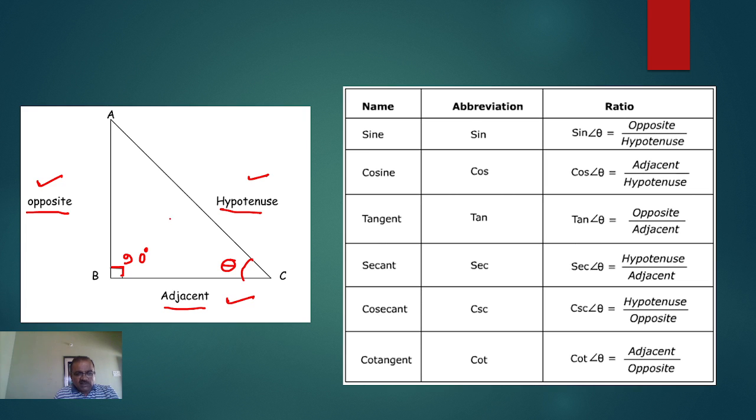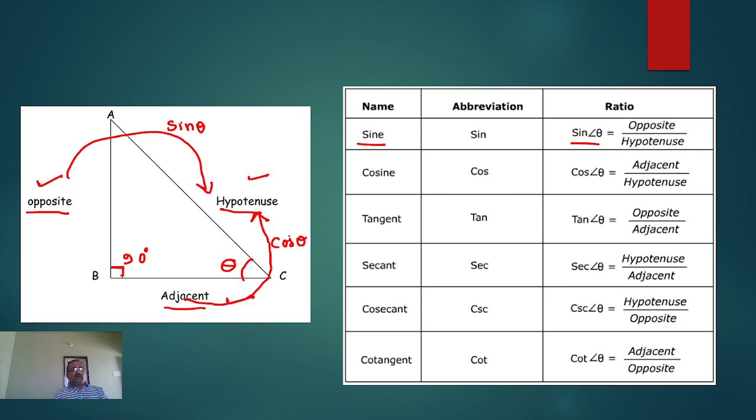Looking into this representation, the ratio of the opposite side upon the hypotenuse is called sine theta. The ratio of the adjacent side upon the hypotenuse is called cos theta.